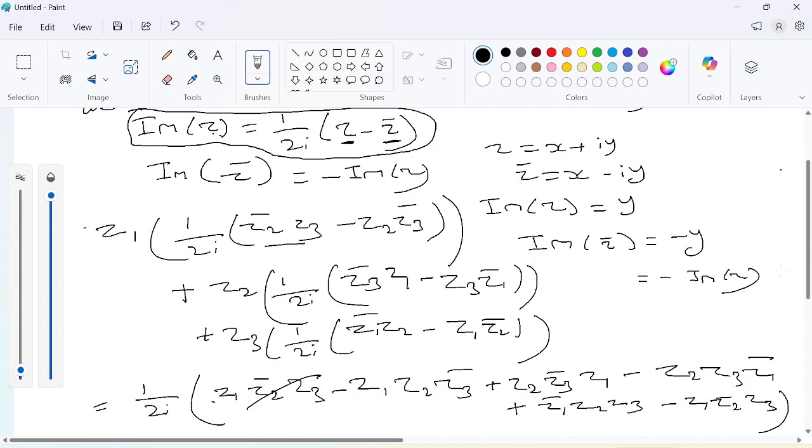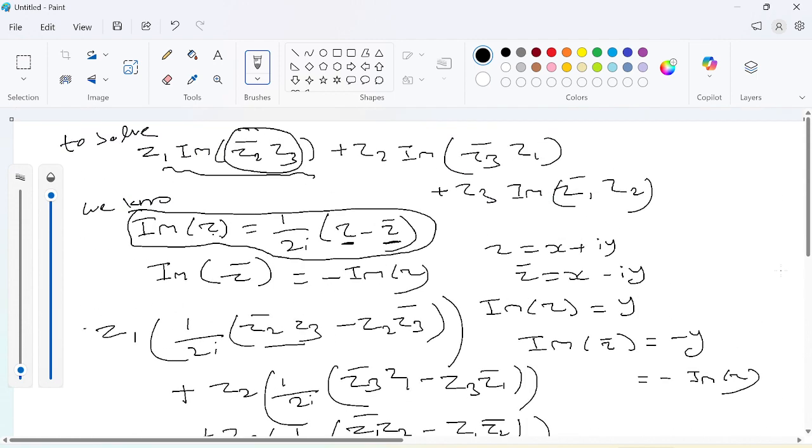So this cancels. Anywhere Z1 bar is there? Yes. Z1 bar Z2 Z3, this cancels. Next, Z2 Z3 bar Z1, this also cancels. Everything will be 0 now. 0 by 2 is 0. That's all. This is the answer.